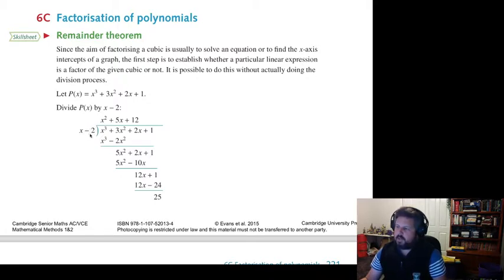The negative of negative 2 is positive 2. What we do is substitute positive 2 into the function and evaluate what it comes out to being.